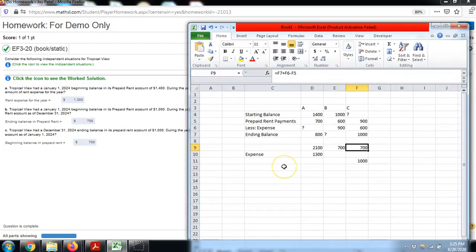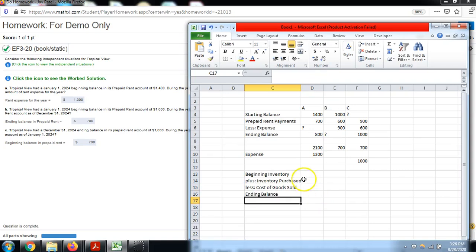Actually, one more note. So instead of this being prepaid rent, we could add inventory, where you have beginning inventory balance plus inventory purchased less cost of goods sold equals ending balance.